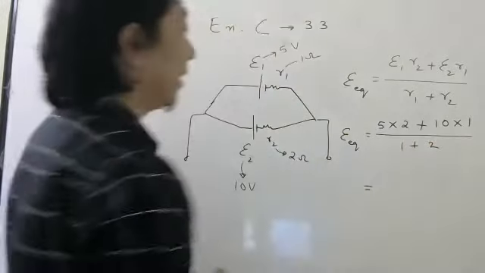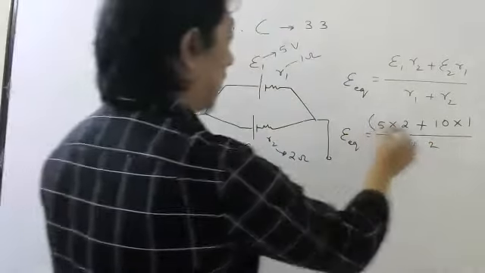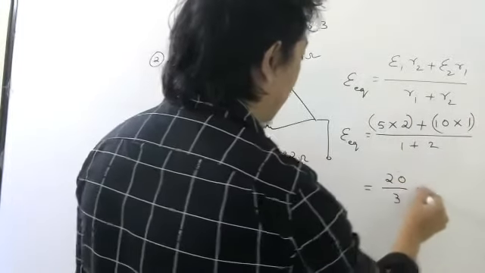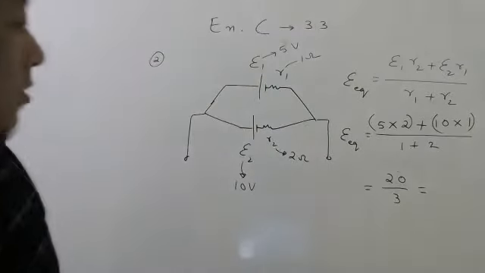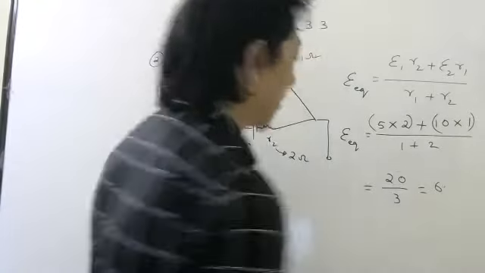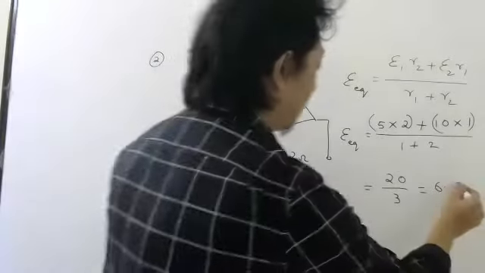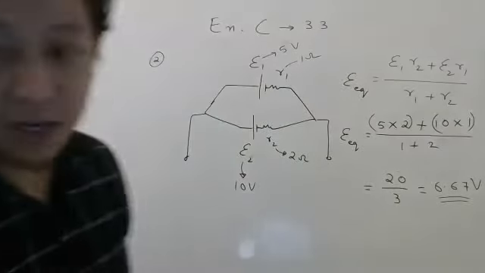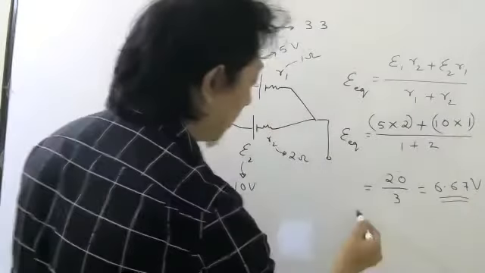That will come 10 plus 10, this is 10, this is 10, so 20 by 3. That will come 6.667 like that.